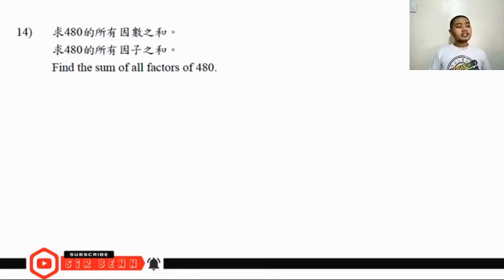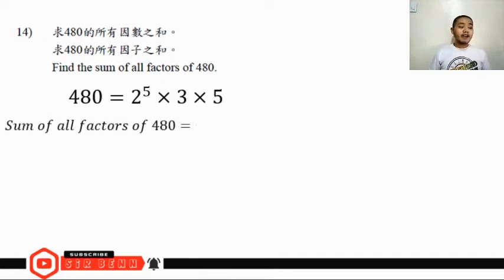So in this case, we're going to express 480 into its prime factors. I'm not going to show you how to do that since it is very easy. 480 is actually 2 raised to 5 times 3 times 5. We're going to use this to identify the sum of all the factors of 480.